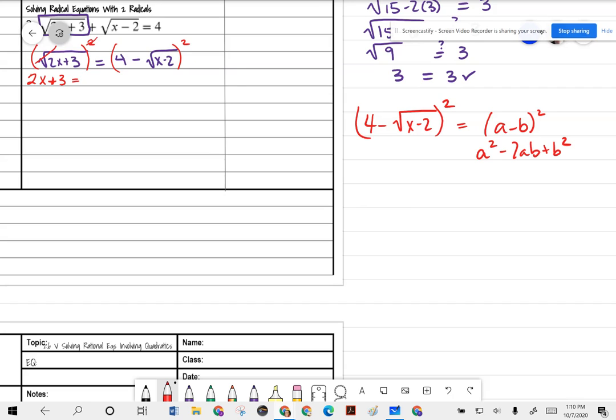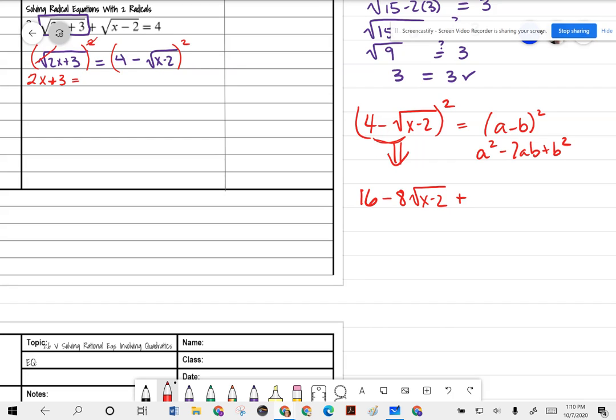All right, so this is rather quickly going to give me 16, right? Because I'm going to square that 4. And then I multiply these two together and double it, so that's going to be minus 8 rad x minus 2. And then I'm going to get a plus, because when I square that negative, it's going to be a plus.